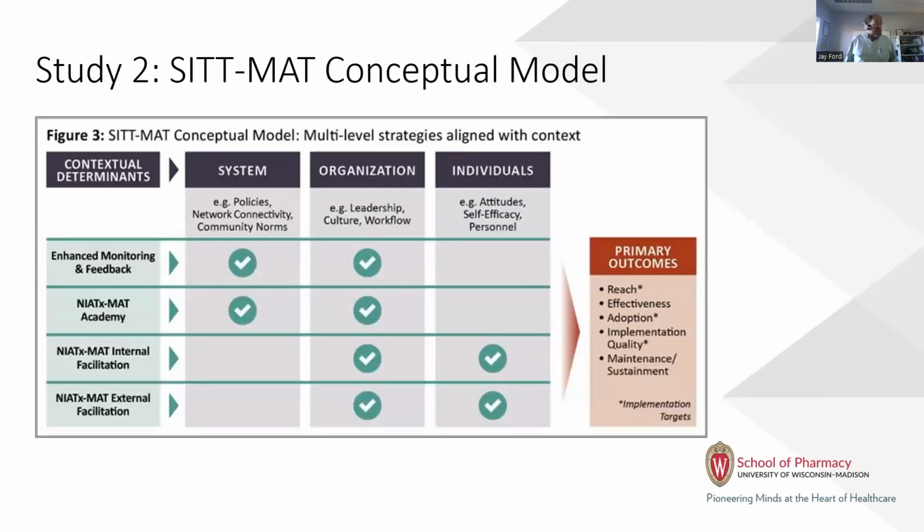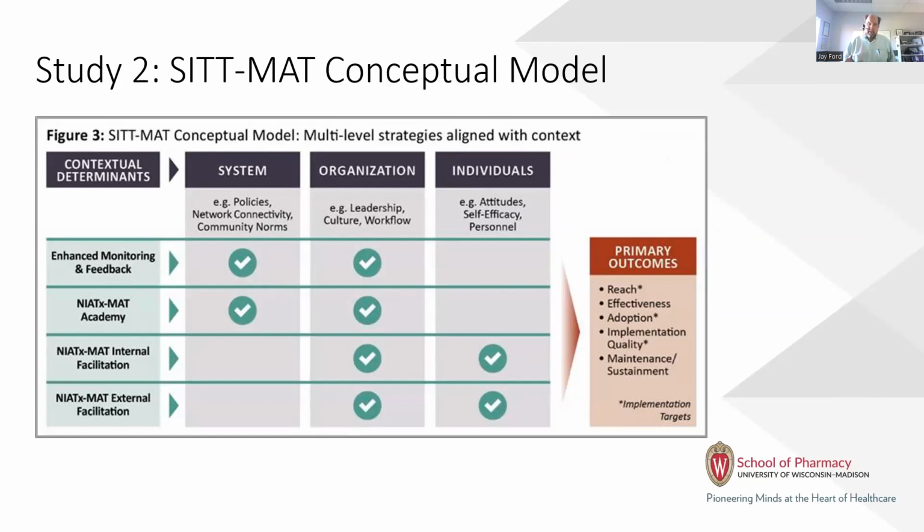So we had a conceptual model that's based on strategies that are focused essentially on enhanced monitoring and feedback, NIATEX, medication academy, internal facilitation and external facilitation.